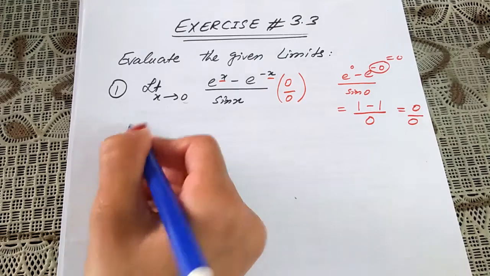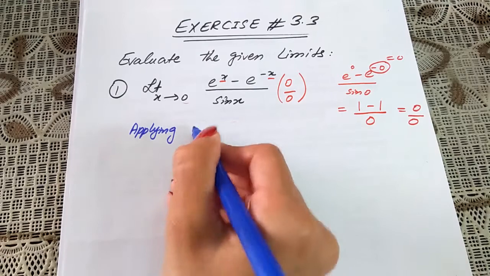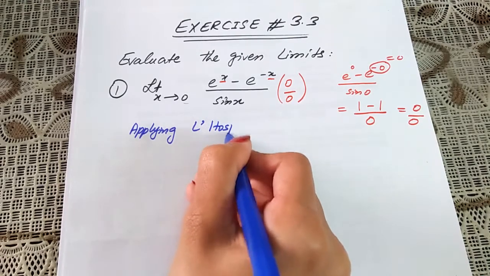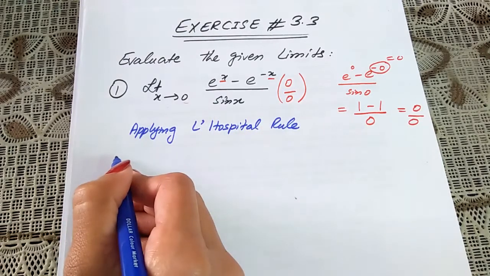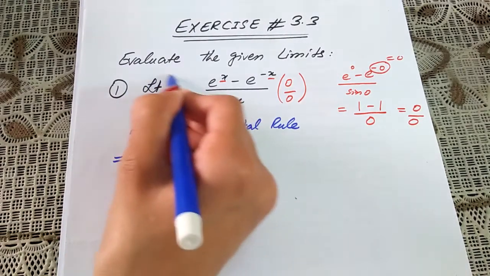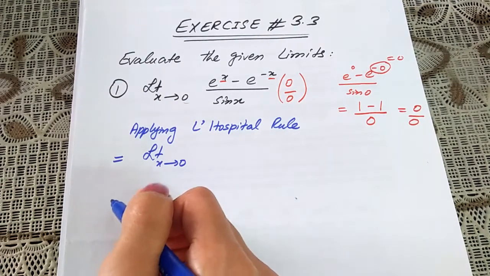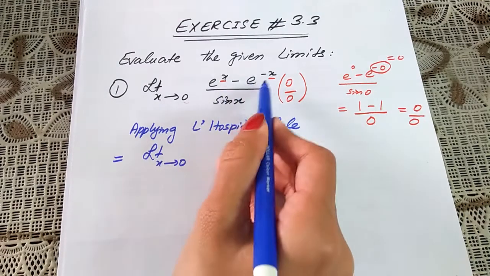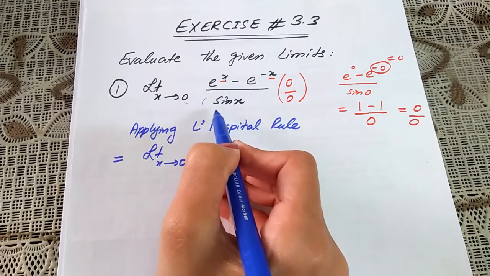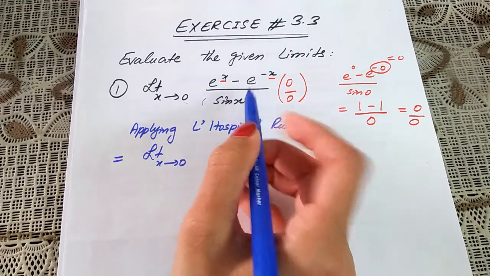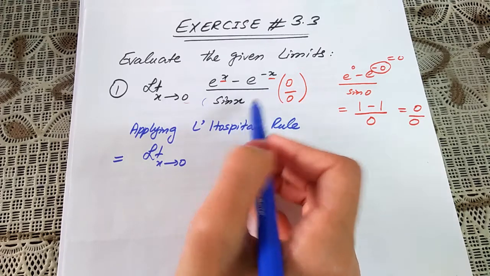For that purpose, using the L'Hopital rule, what you have to do is simply write the limit as it is, limit x approaches 0, then take the derivative of the numerator separately and the derivative of the denominator separately.